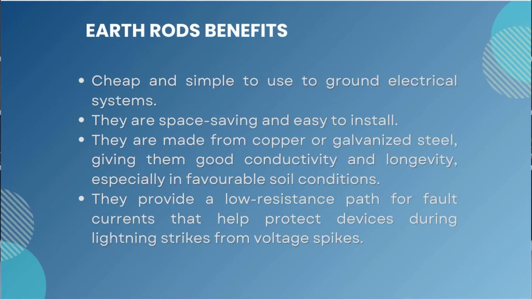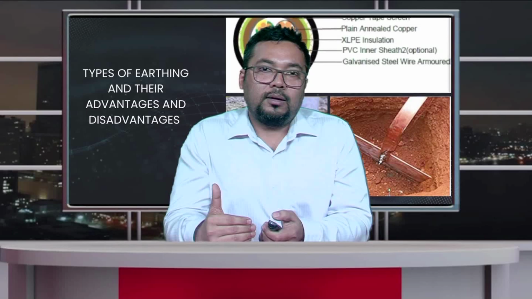They are made from copper or galvanized steel, giving them good conductivity and longevity, especially in favorable soil conditions. The good thing about earth rods is that they provide a low resistance path for fault current that helps in protecting devices during any lightning strike or voltage spike.